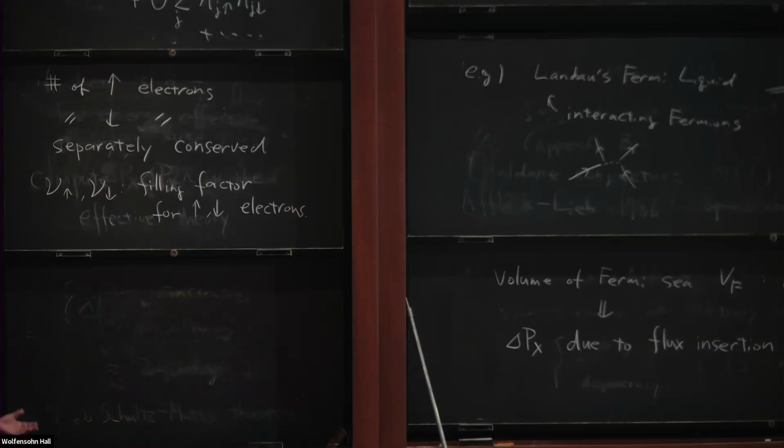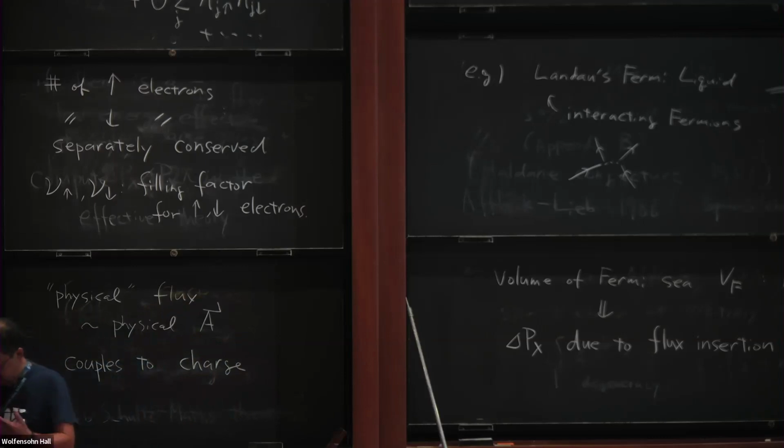So the physical vector potential does not distinguish up and down spin electrons.